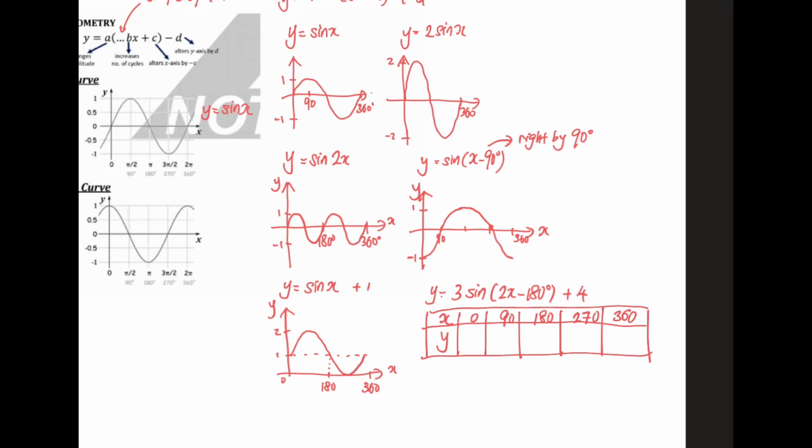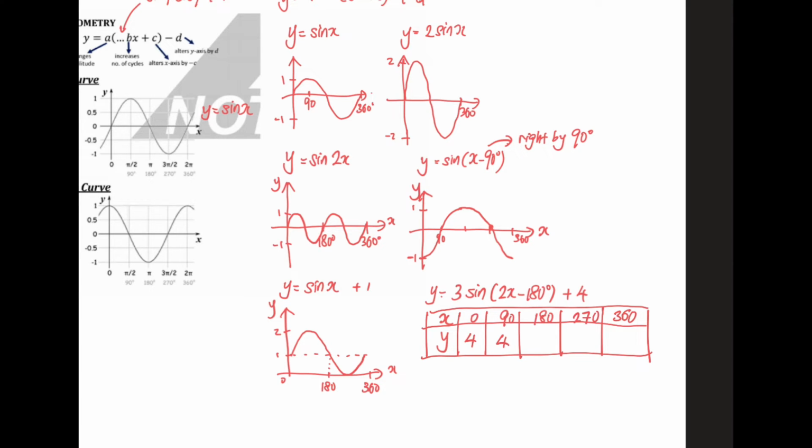First, you key in the whole thing: 3 sine 2x minus 180, close bracket, and plus 4. Then you press calculate. You put 0, you get 4. Then you put 90, you get 4.